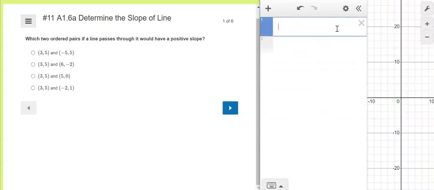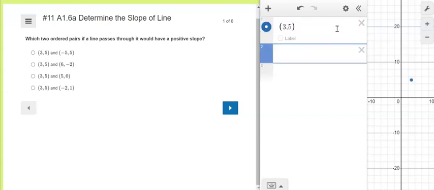All right, two ordered pairs. Which two ordered pairs, if a line passes through them, would have a positive slope, so it would go up? I can plug these points into Desmos and check. That one looks like a horizontal line, so it has a zero slope, not that one.